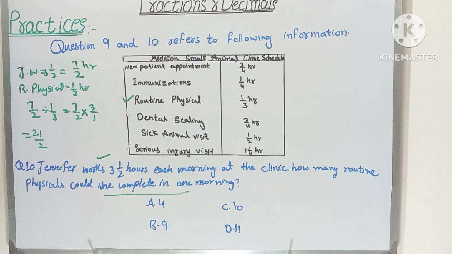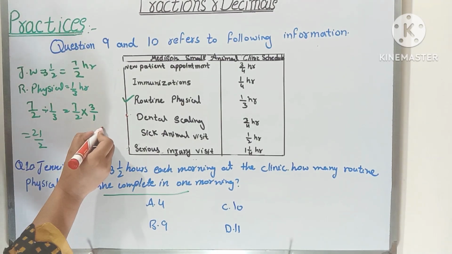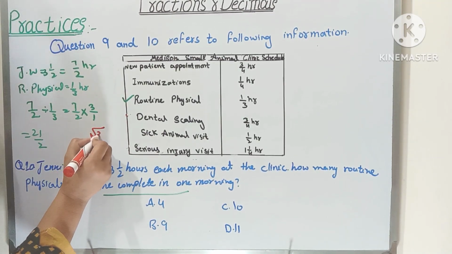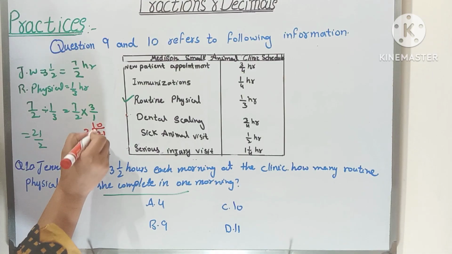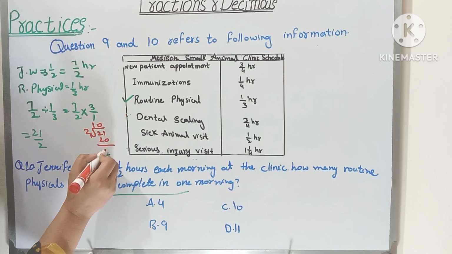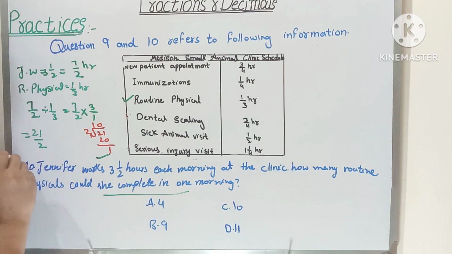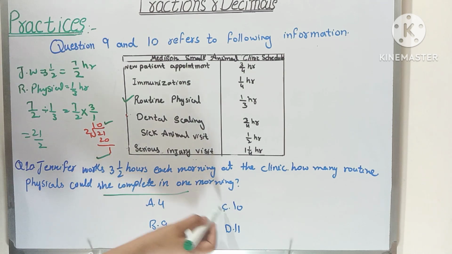When I divide them, 2 10s are 20. Now the remainder is 1. So my whole answer is 10. So it relates to option C, 10.